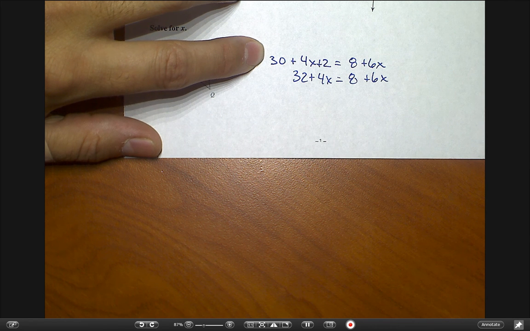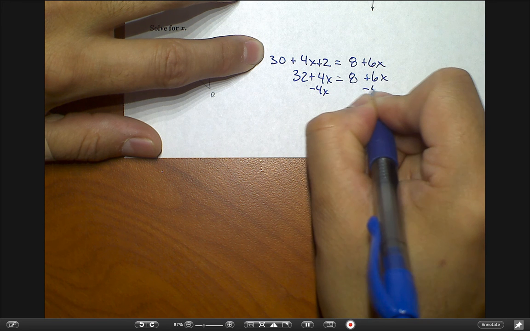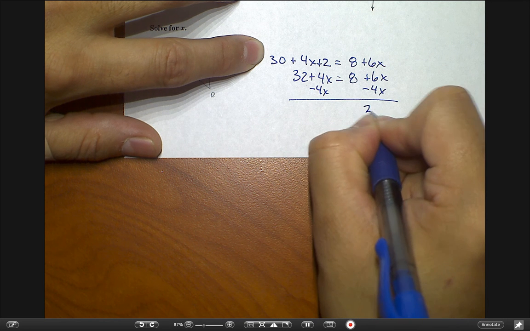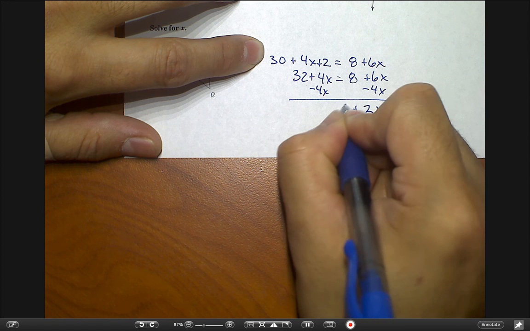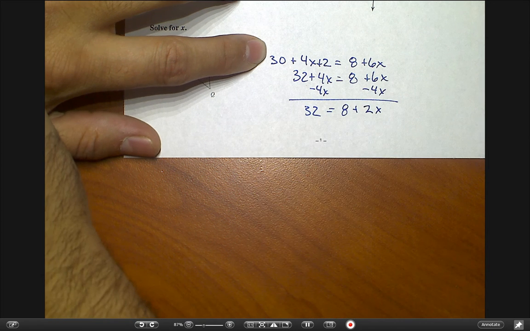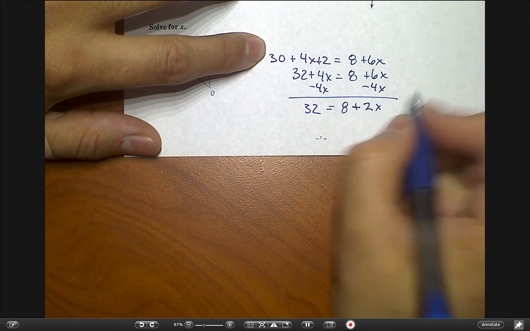Subtract. What are you subtracting? Subtract 4x, okay. So you're going to have 2x plus 8 equals 32. Now what do I do? Subtract 8, right?